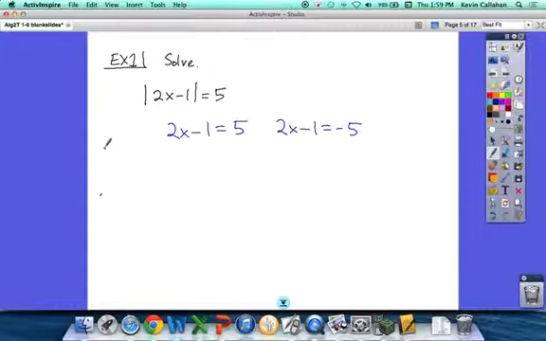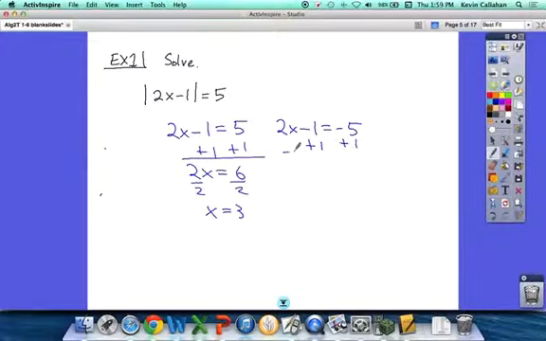They're pretty basic. Plus 1, 2x equals 6, divide by 2, x equals 3. Add 1, 2x equals negative 4.